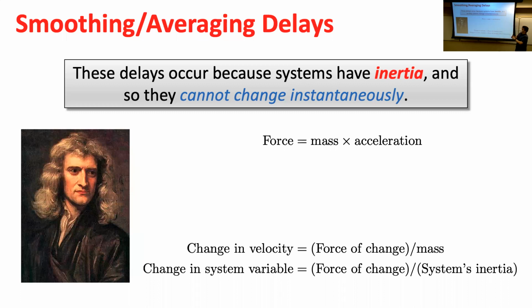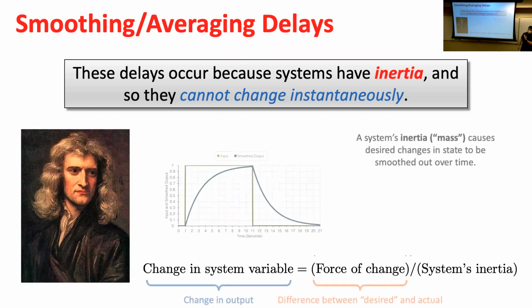So we often use this idea of mass analogously as a model for how people resist change. This becomes really important in sustainability problems, because we're often talking about how reasonable it is to ask someone to change their behaviors. Someone with low inertia is going to be easier to change than someone with high inertia, and we can model how resistant they are by changing something equivalent to mass.